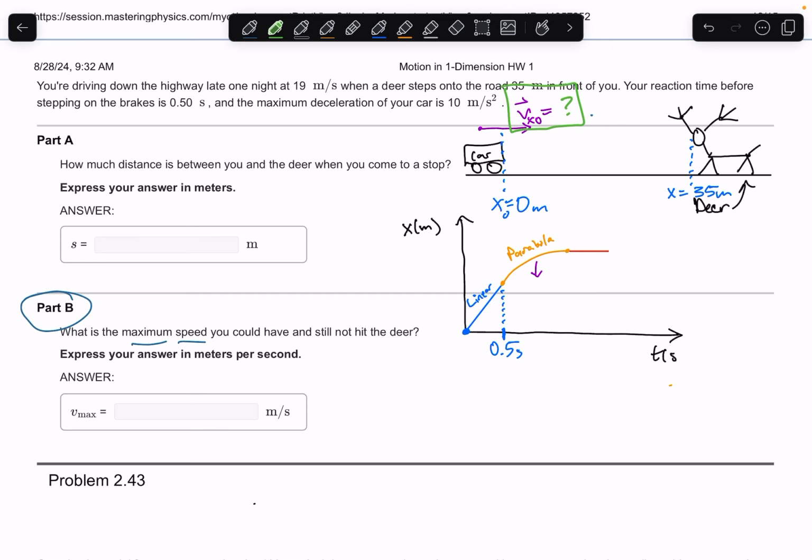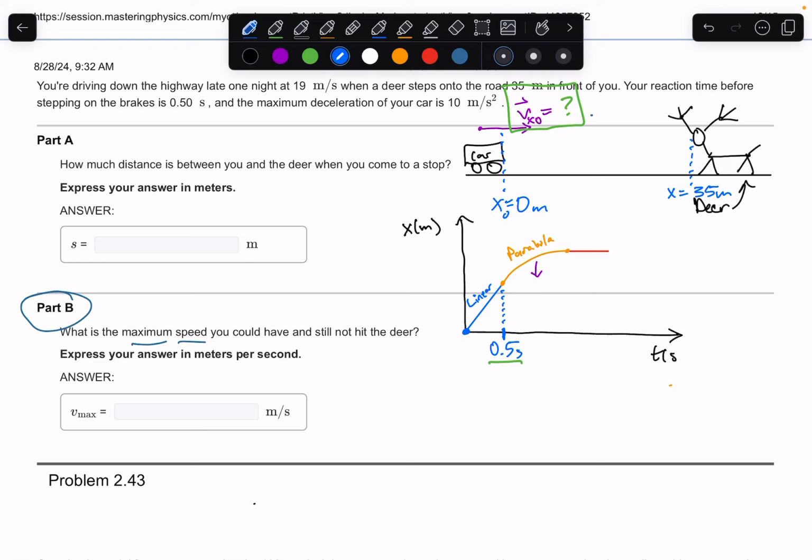But we still have the same parameters as before. We still have this initial phase where our displacement is linear, and that distance, delta x, I'm going to call delta xr for the reaction time.